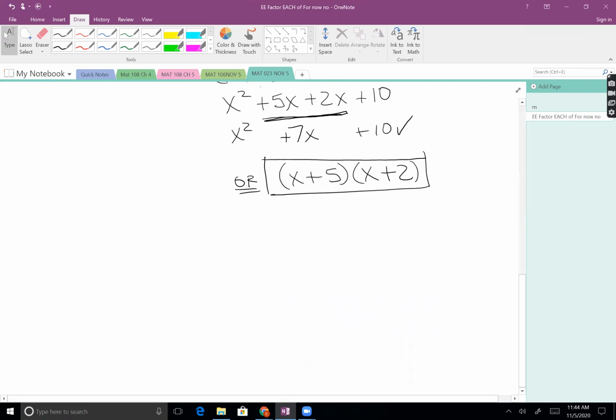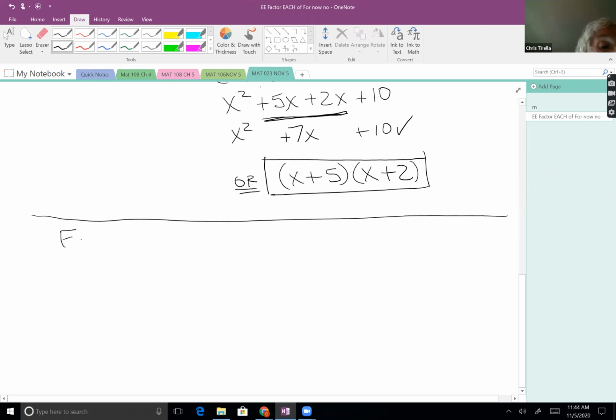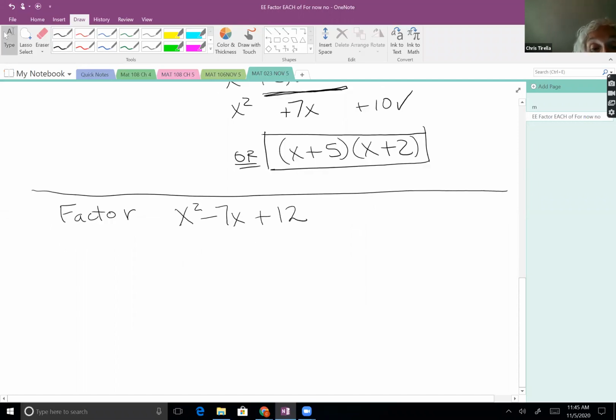Let's try some more. This time, let's factor x squared minus 7x plus 12. Again, x squared right now is only x times x.